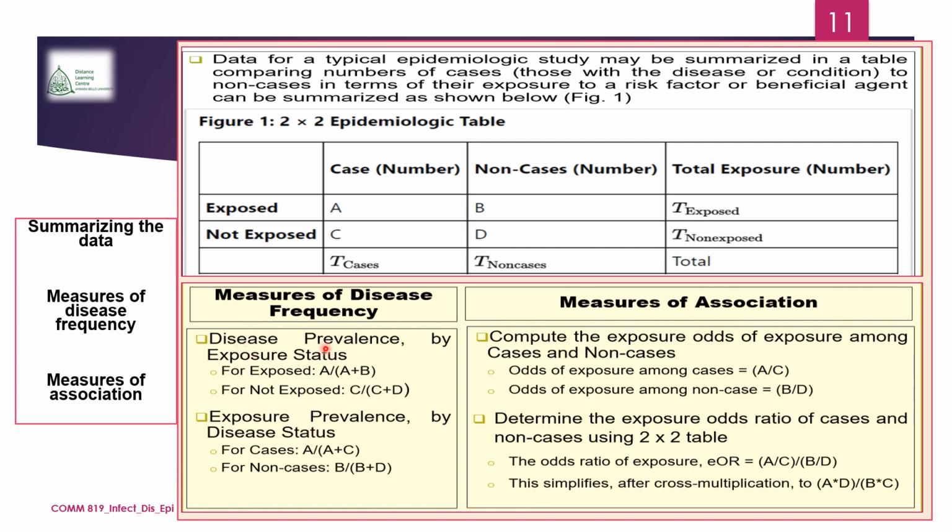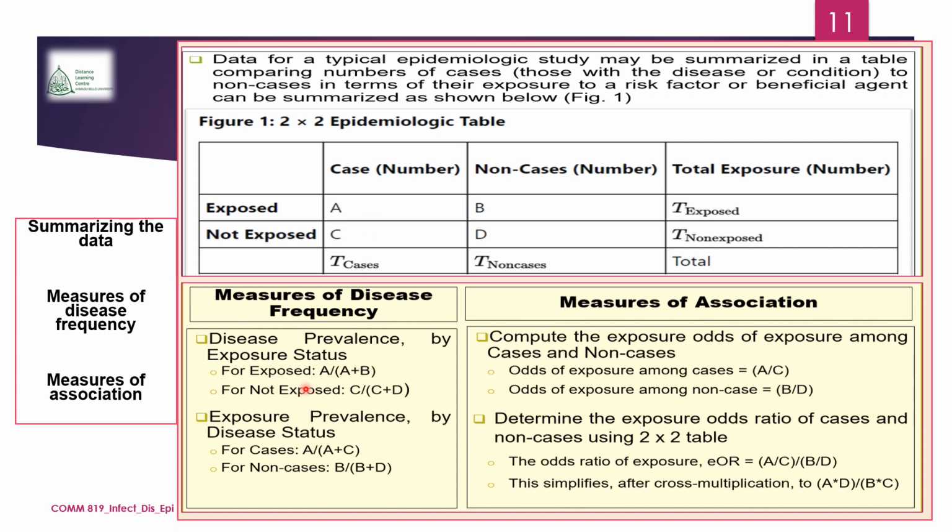Disease prevalence by exposure status: for those who have been exposed, the prevalence is A over A plus B. A plus B is our total exposed, and A is our exposed.